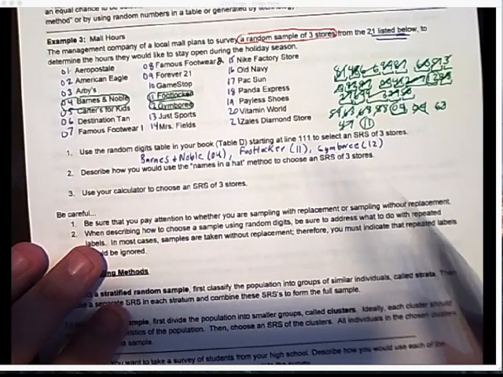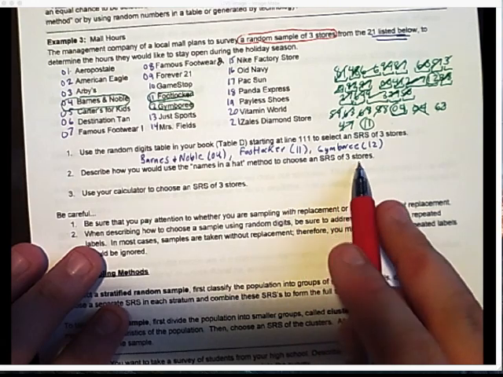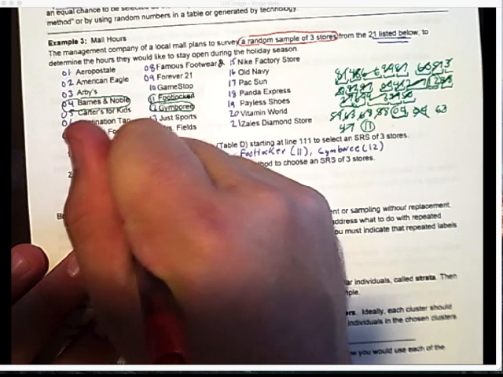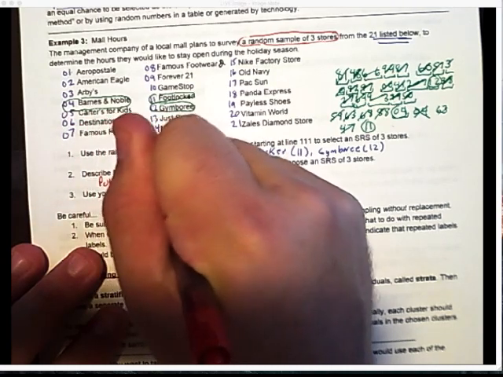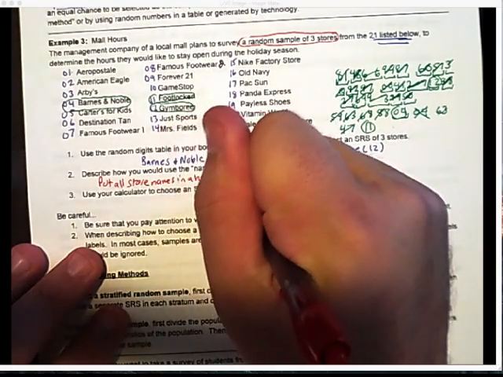It says, describe how you would use the names in a hat method to choose a simple random sample of 3 stores. Well, I would put all store names in a hat. I would shake it up.